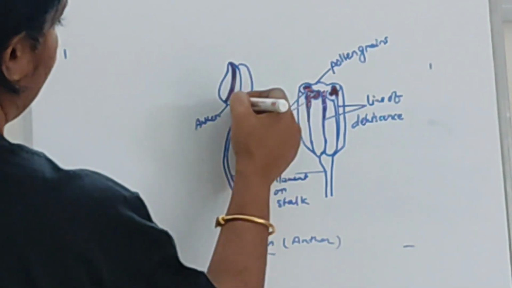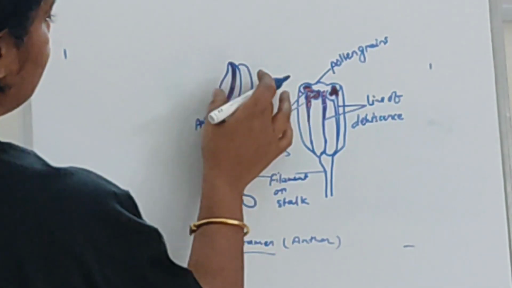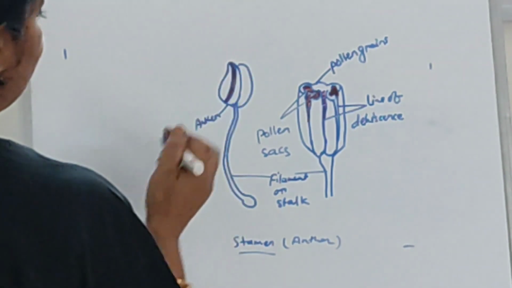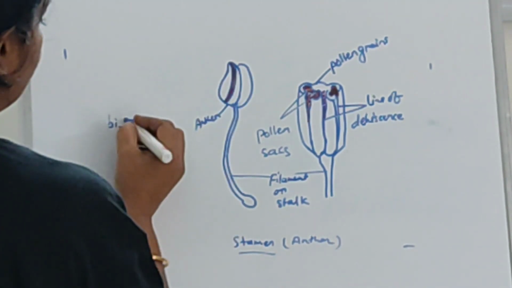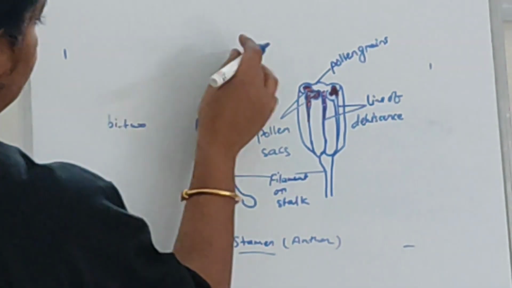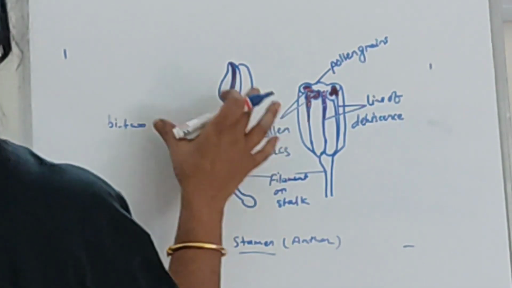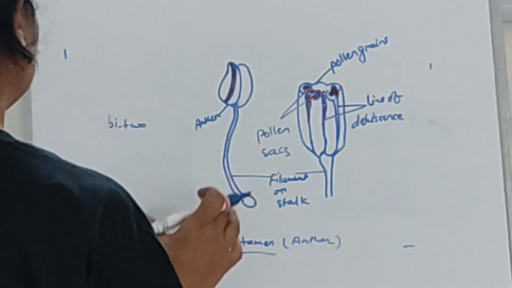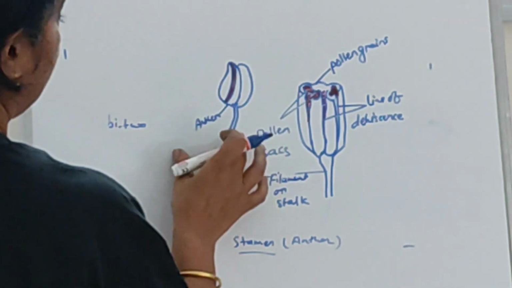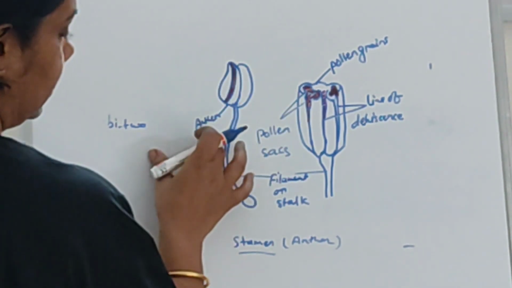See here, it's bilobed. Why? Because it has two lobes. Bi means two. That's why it's called a bilobed structure. This bilobed structure is called the anther.